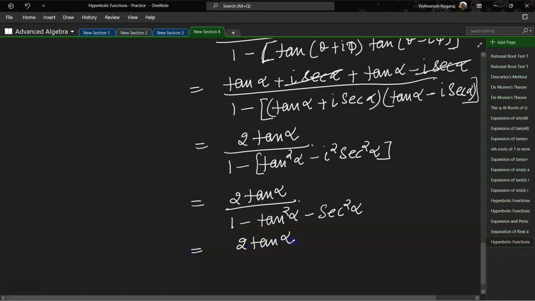Now 2 tan alpha, we want in the denominator tan. So 1 minus tan square alpha minus sec square alpha is 1 plus tan square alpha.